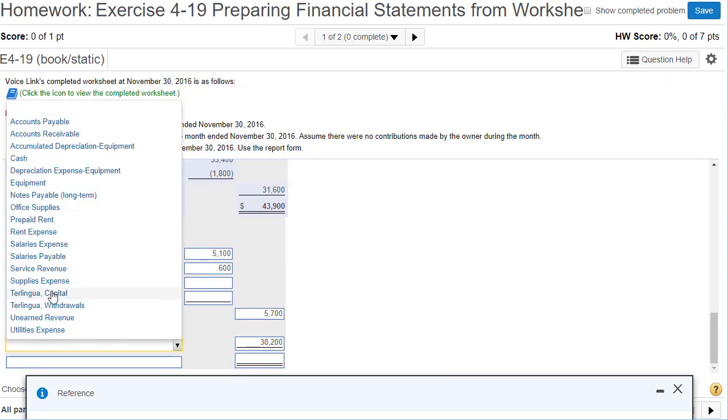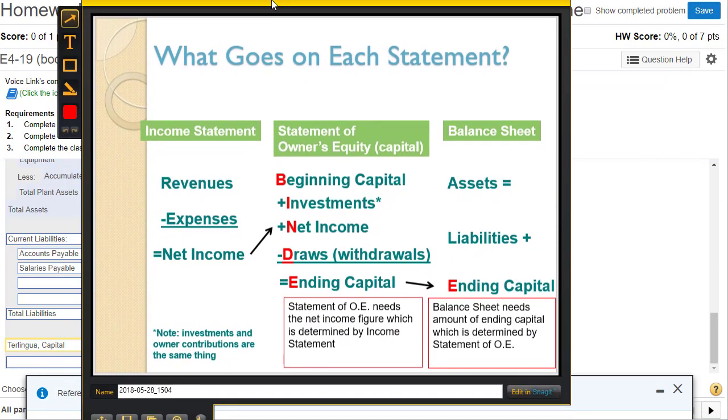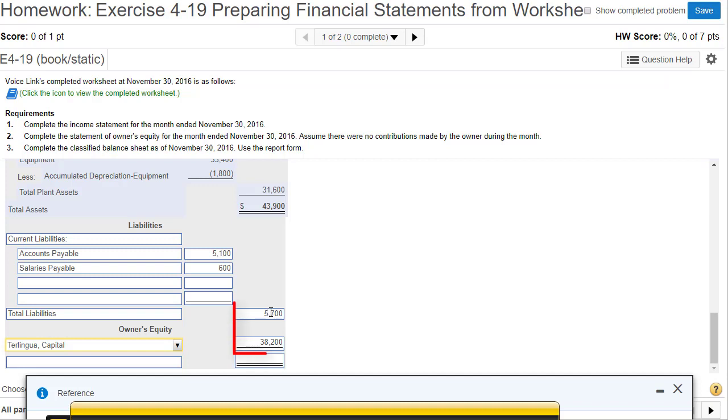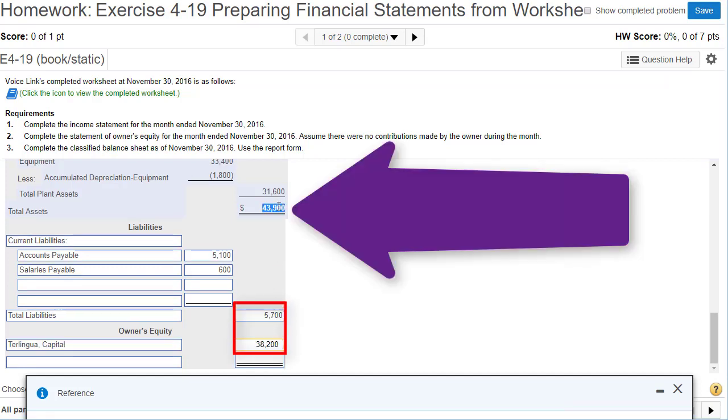And that's Terlingua capital. So now we're going to take our liabilities and add them to owner's equity. Why? Well, that's the formula for the balance sheet. Assets equals liabilities plus capital. So when we add these two together, 5,700 plus 38,200, they better equal this.